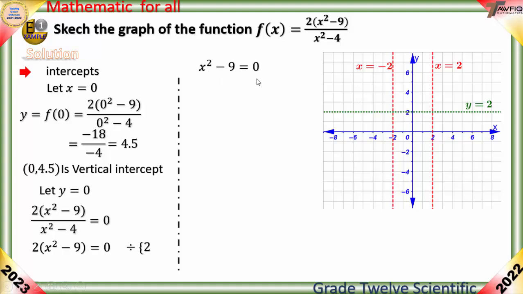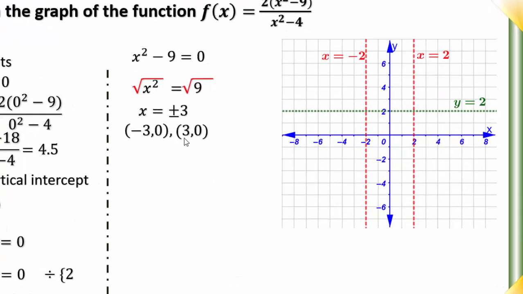By moving minus 9 from left to right, then x squared is equal to 9. By taking the square root of both sides, then x is equal to plus or minus 3. That means we have two horizontal intercepts. One of them is (minus 3, 0), and the other one is (3, 0).